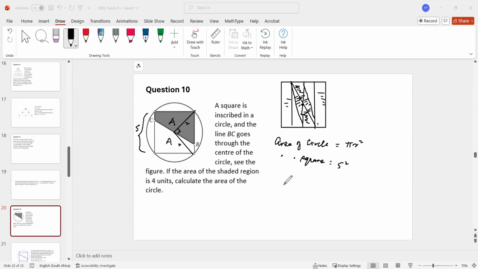And S squared is equal to R squared plus R squared by Pythagoras. This is S, and that's the area of the square.